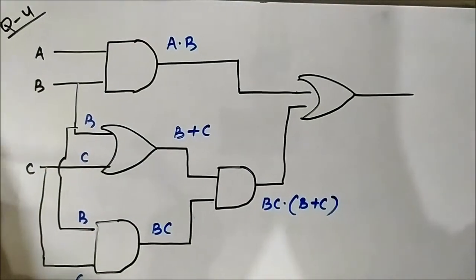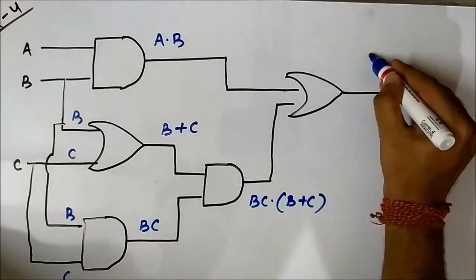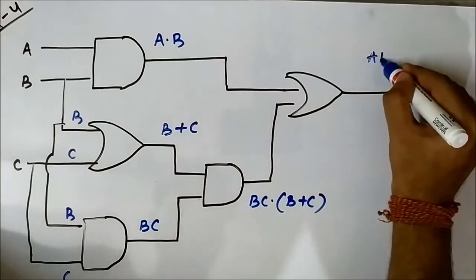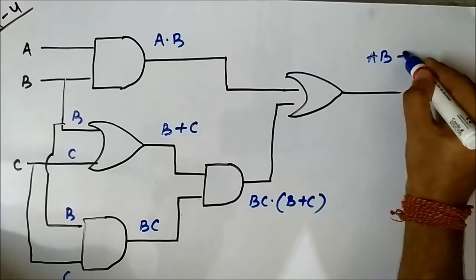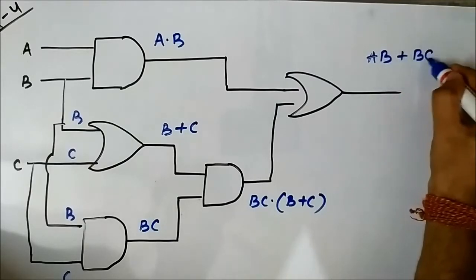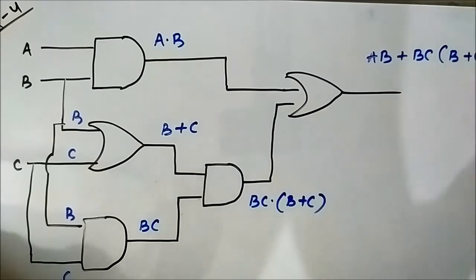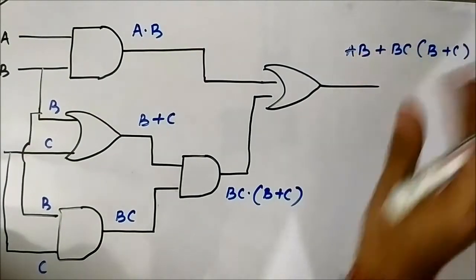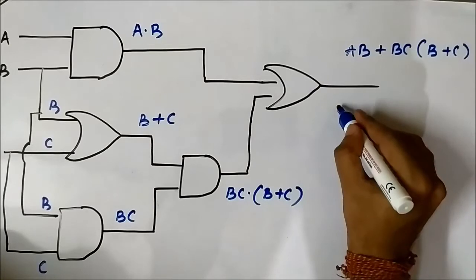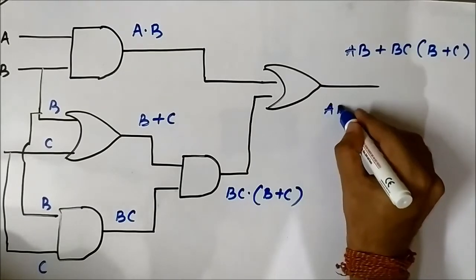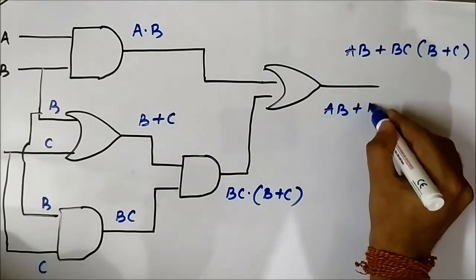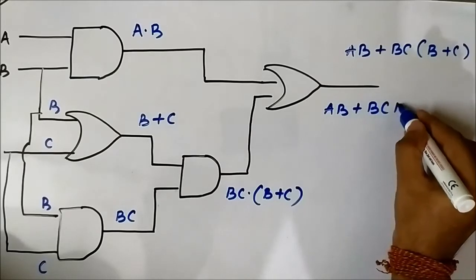So the output will be AB or BC and (B or C).